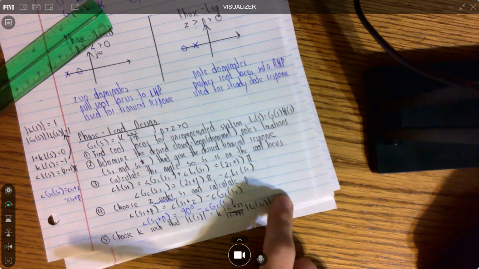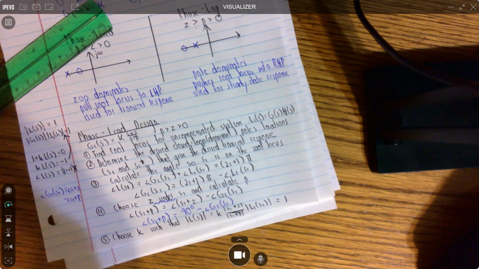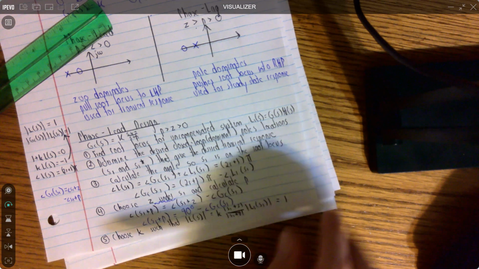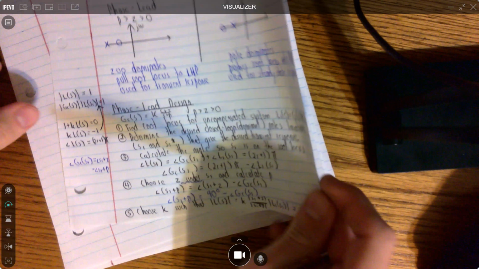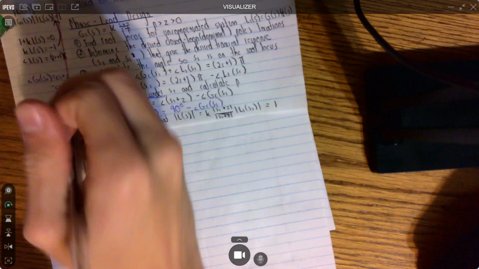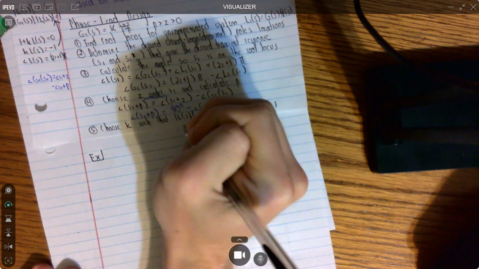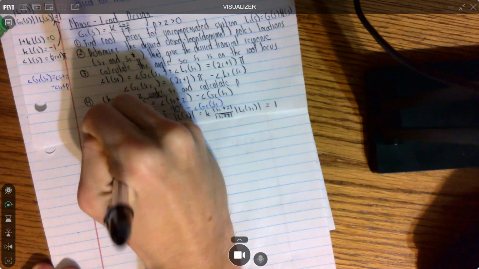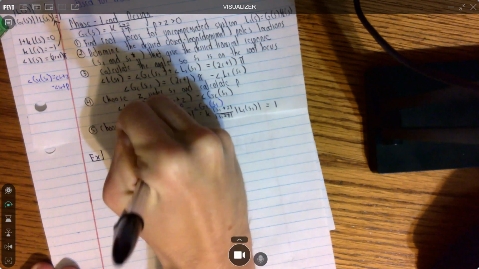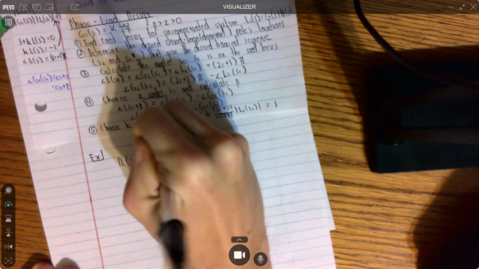Okay, so now that we get that, we're going to solve an example in order to try and understand this. So we have all these rules, so let's look at how we're going to apply them. For this example, for the system, we're going to have the following. R of S, our input signal, goes through a summing block here.